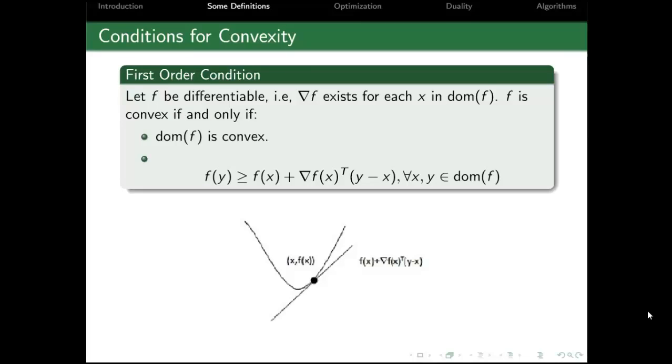This inequality states that the function should always lie above all its tangents. If you look at the right hand side carefully, it is nothing but the equation of the tangent at x comma f of x, and we expect this value to be less than f of y. This is nothing but the condition saying that the curve should be above the tangent.